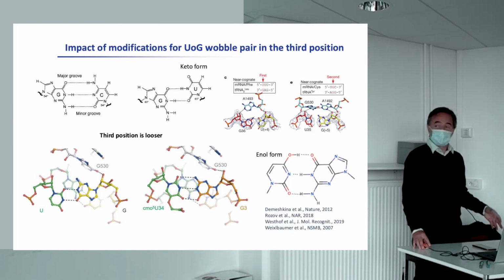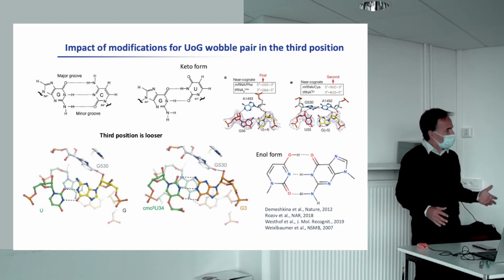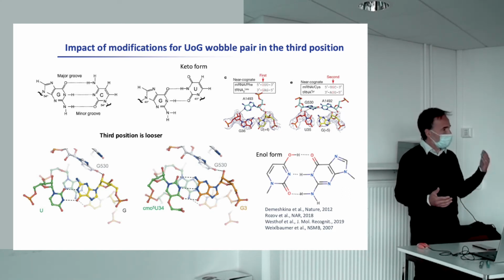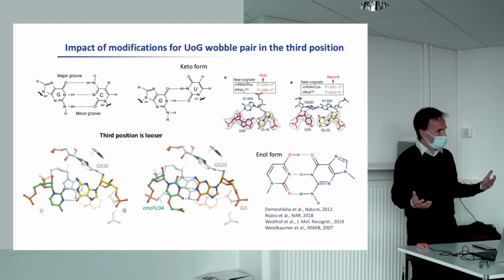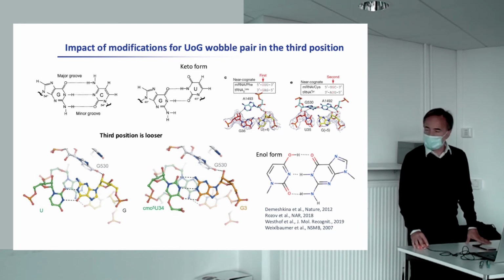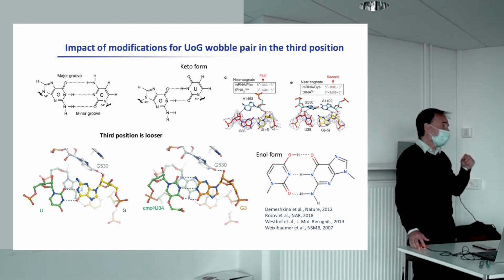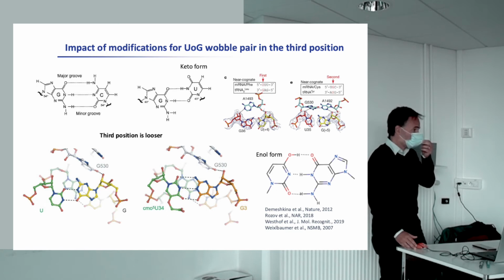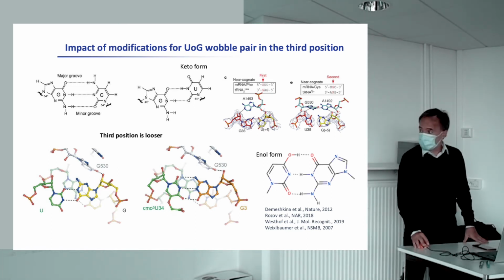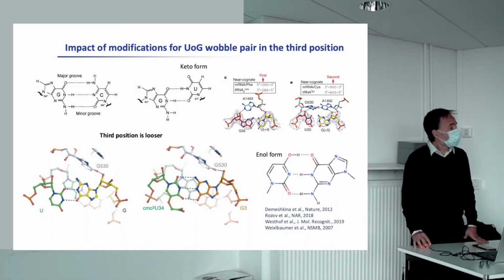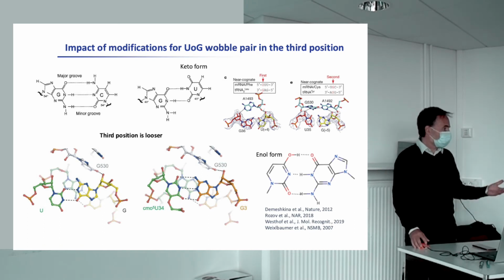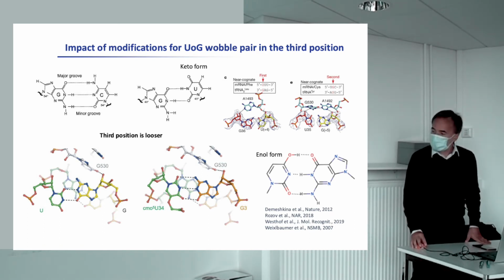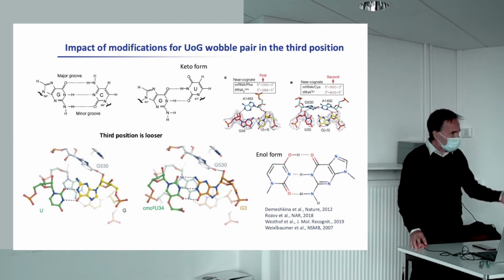But it is possible that in the presence of the modification, there is a change in the equilibrium between the keto and the enolic form of the uridine, thus favoring the formation of the enol form. Unfortunately, so far, we don't have the proof that this is the reason. We can just observe these differences in the decoding center, thanks to the work of the Marat Yusupov group and the Venki Ramakrishnan group.